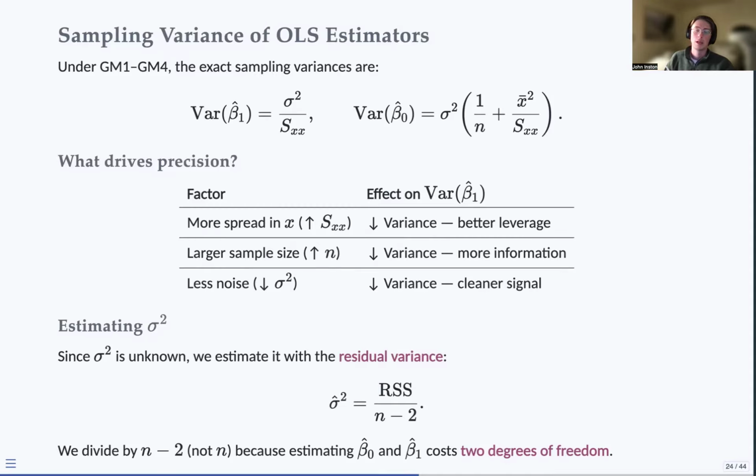When we compute the sample variance of a population, we divide by n-1, because the sample variance relies on one estimated term, the mean that we've already computed from the data, which costs 1 degree of freedom. In this case, because we're estimating sigma hat using two different estimates, one for beta 0 and one for beta 1, that costs us 2 degrees of freedom, which is why we divide by n-2.